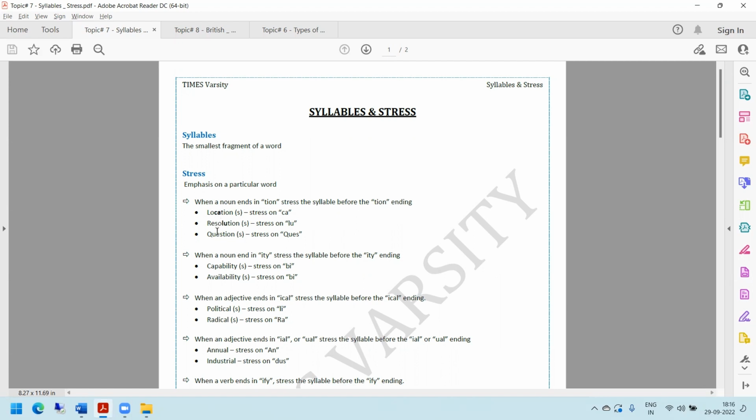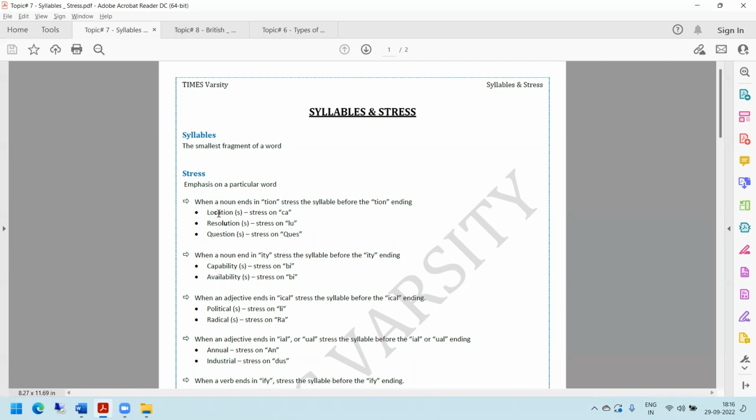So look at the word location. Can you see here, it is ending with tion. Location is a noun. So when a noun ends in tion or tions, we have to stress the syllable before the tion.